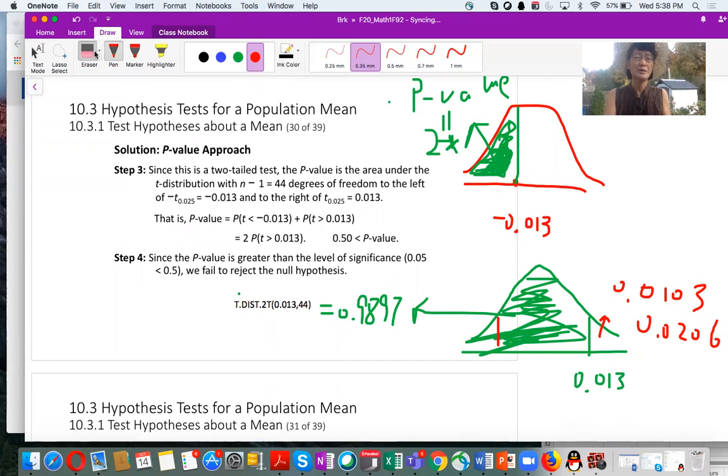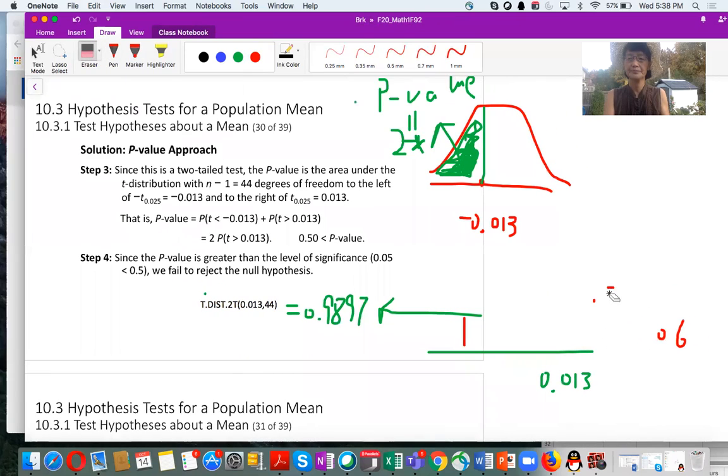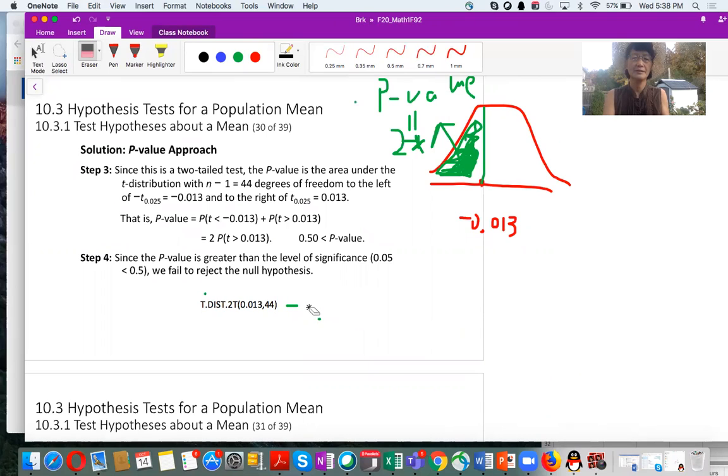So I will maybe erase those. So we can say p-value is greater than 0.5 based on the table, and alpha is 0.05.